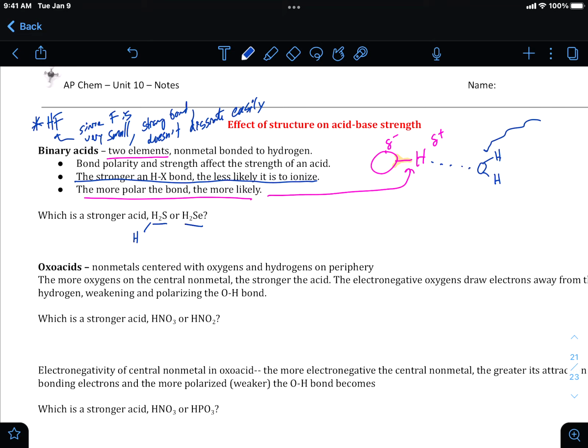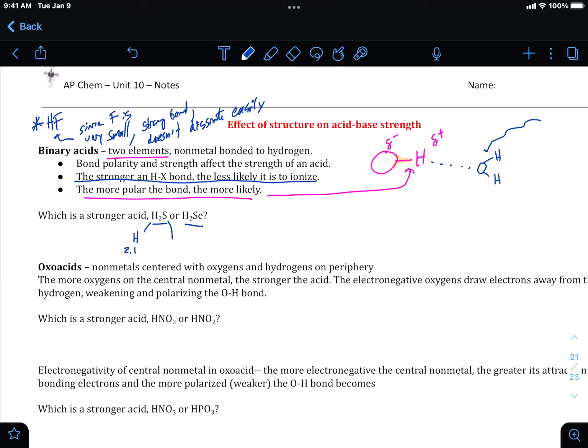All right, hydrogen, its electronegativity on your periodic table, depending on what year, is 2.1 or 2.2. Sulfur is, I don't remember what sulfur is. Everybody grab a periodic table. I want to say 2.5.